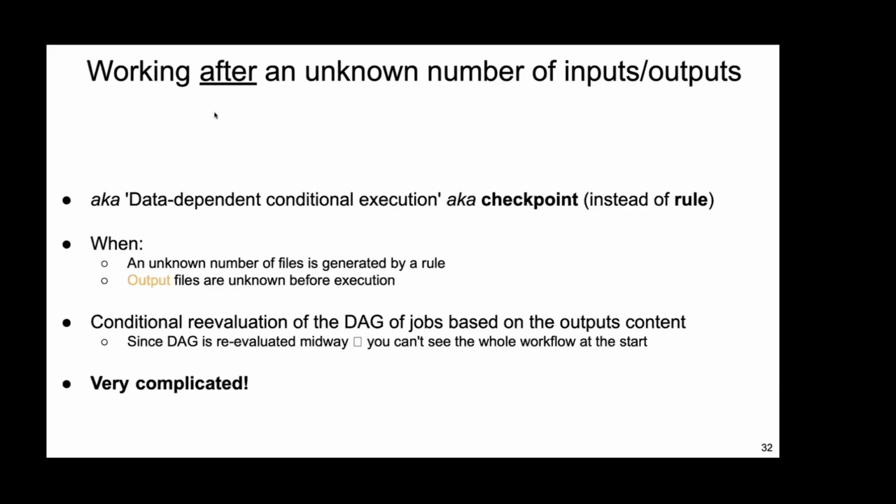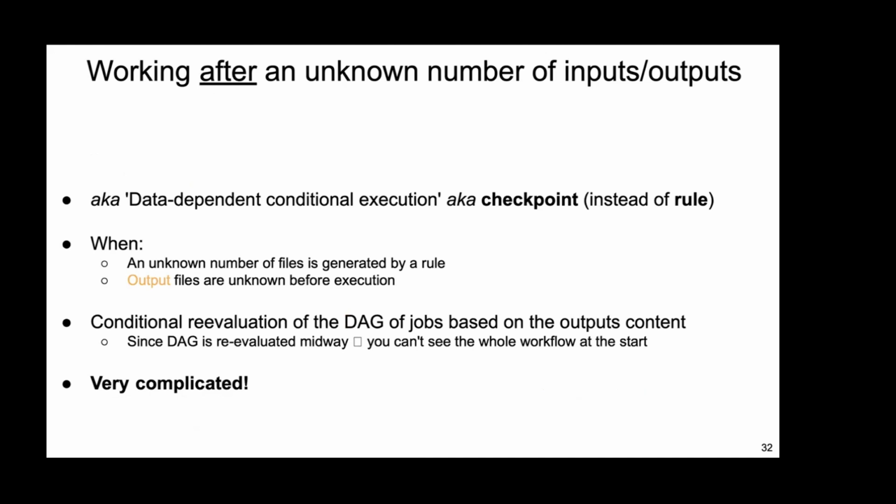Good. Then the last thing that we were going to talk about is when you have an unknown number of inputs and outputs. This is something that in Snakemake lingo is known as data-dependent conditional execution, or checkpoint. So actually checkpoint is going to be a keyword that you're going to use instead of rule.